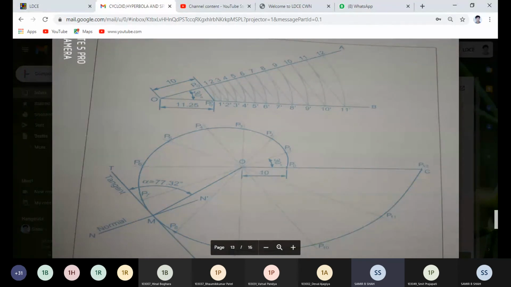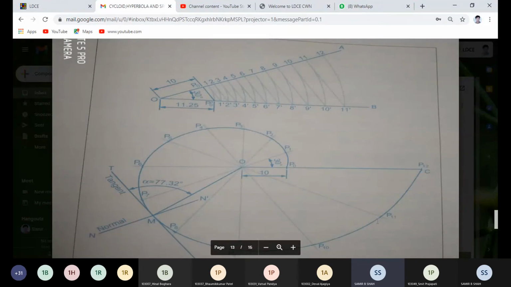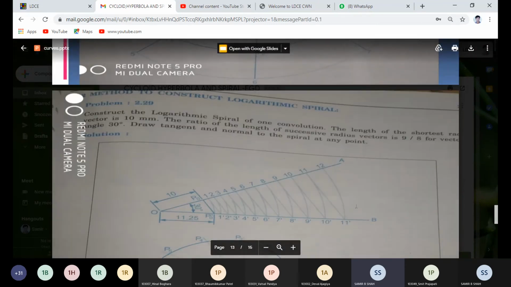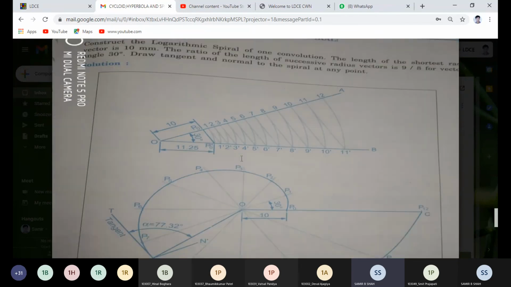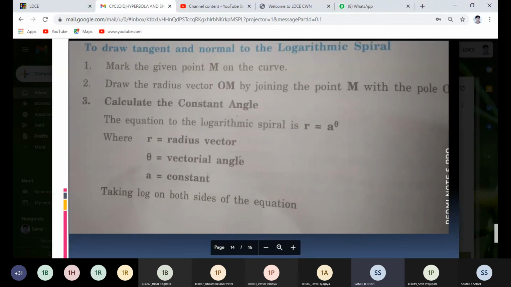Join all P1, P2, P3 up to P12. The curve is the required logarithmic spiral. Now, same thing after the end of the curve, draw the tangent and normal to the spiral at any point. So I just follow that method.